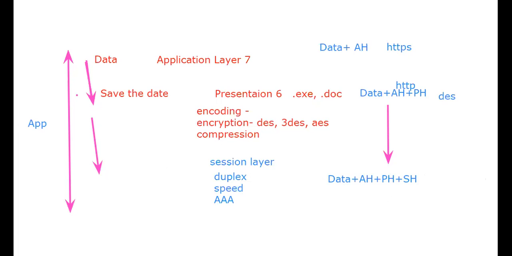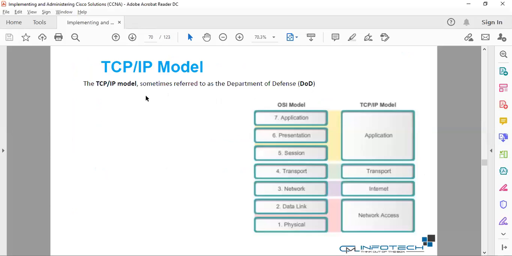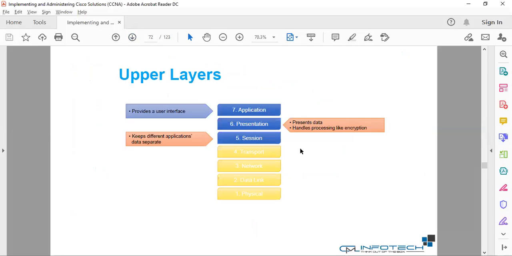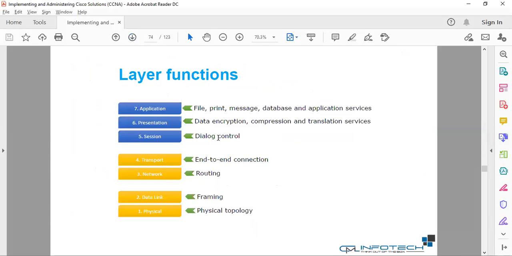We'll go back to the screen. This is the application, presentation and session layer, like creating your data and saving your data. In the presentation layer, you are going to encrypt your data, or you can compress your data if required.